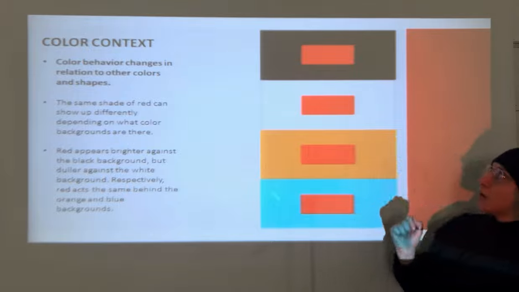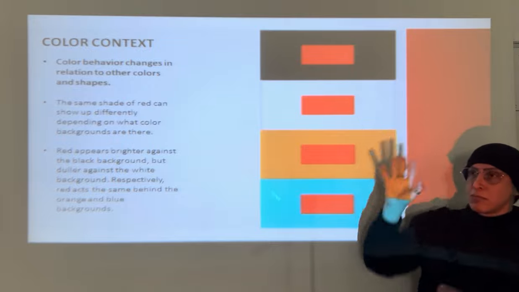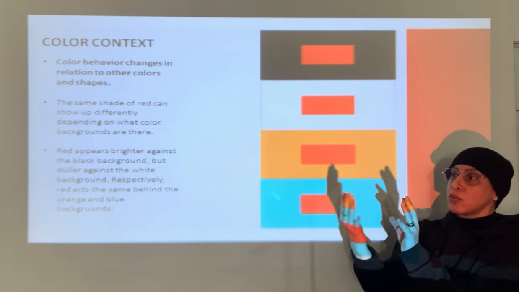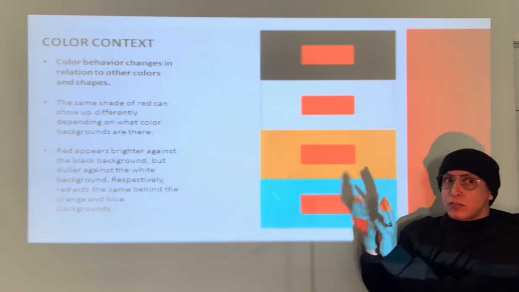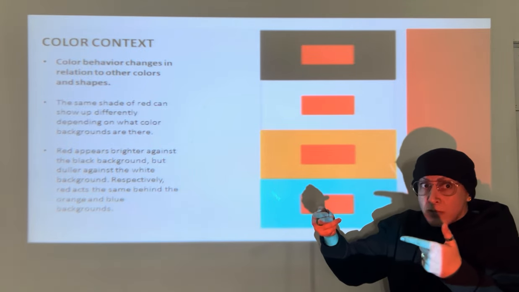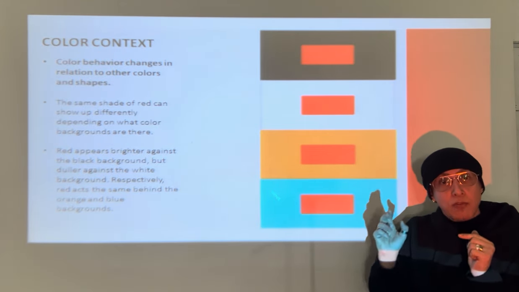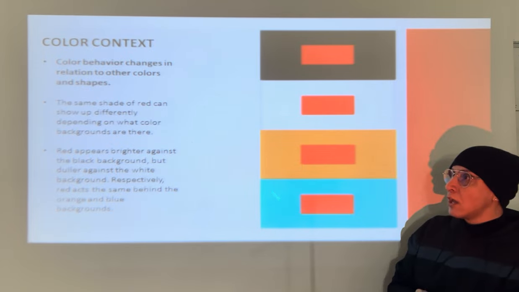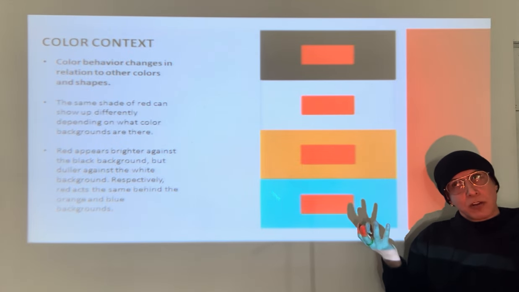It's like when you have one color and you have on the background another color. These two colors will interact and your brain will interpret it in a different way than if you see the color alone. So if I look only at red, I will see it in a certain way.